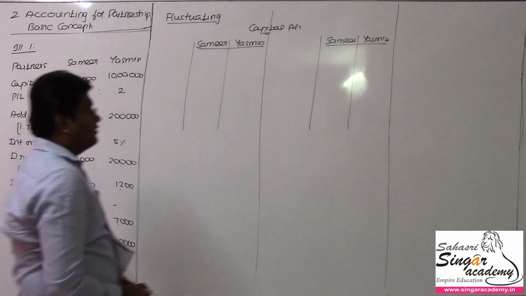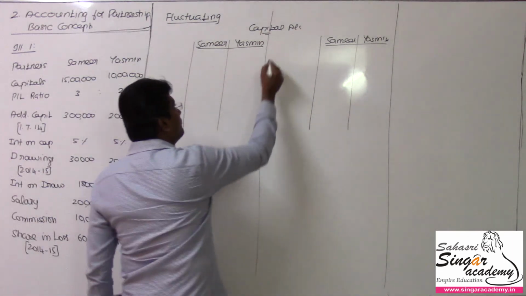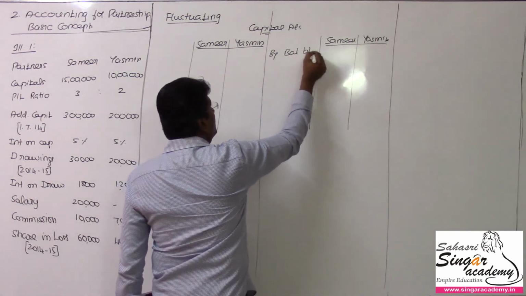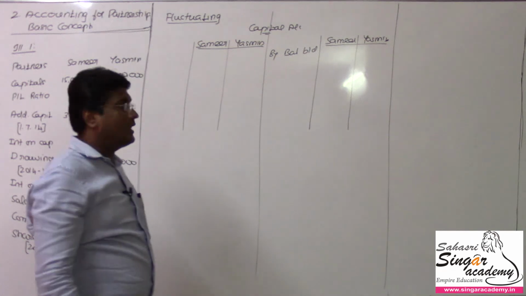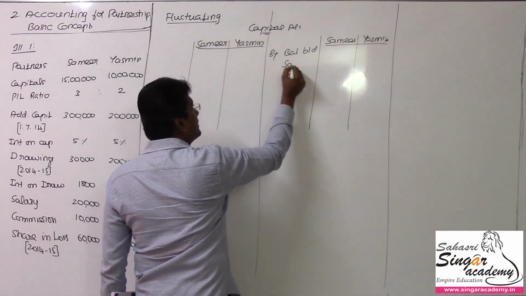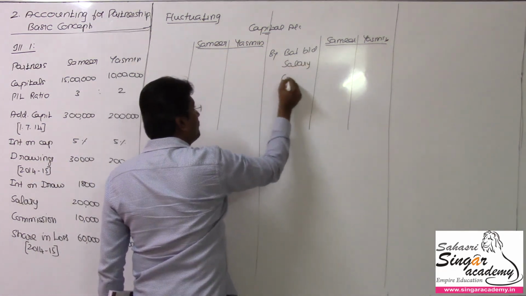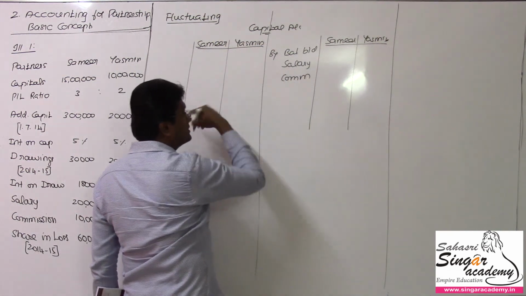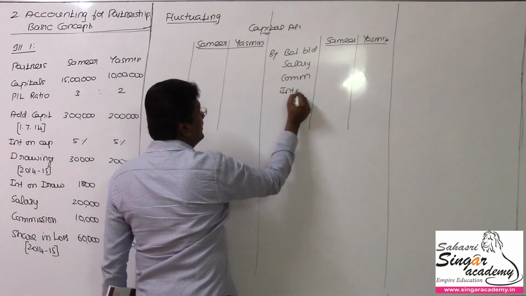So we are aware of that format. First of all, try to understand the format. By balance brought down and salary. If commission is offered, then commission will come. Profit and loss: profit on this side, loss on that side. Interest on capital.